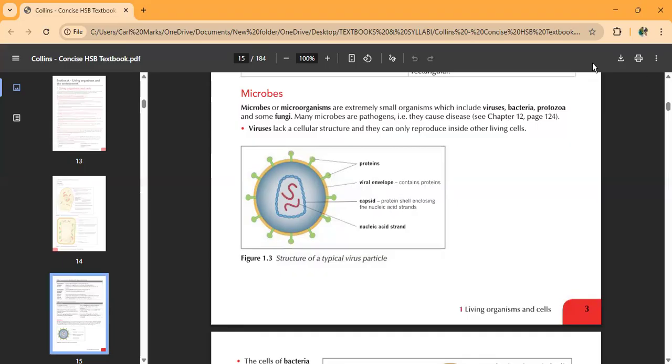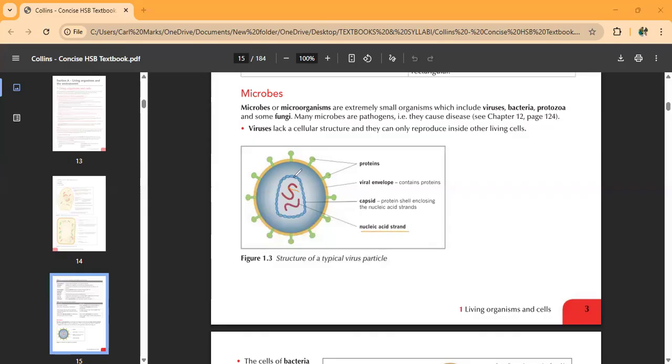So we're going to look at a virus particle. Take a different color, orange. We're going in the middle, right? These red strands there, what are they called? They're called nucleic acid strands, right?